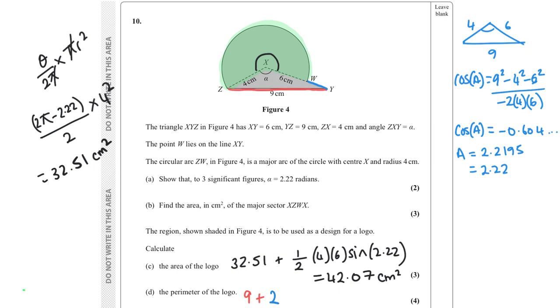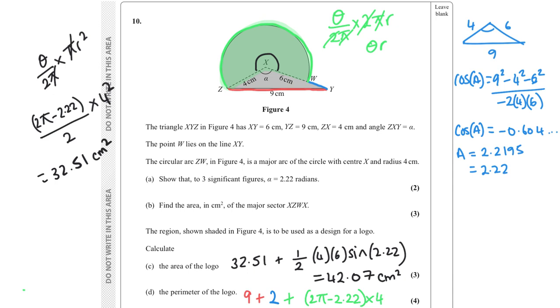And then plus, and I need the arc length of the major sector ZW. Now, I know that that's theta over 2 pi times 2 pi r. The pi's and the 2 cancel, so it's just theta r. Now, remember, our theta is 2 pi minus 2.22 multiplied by my radius, which is 4.